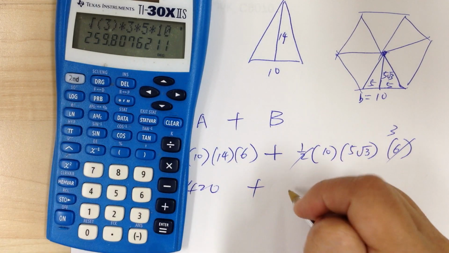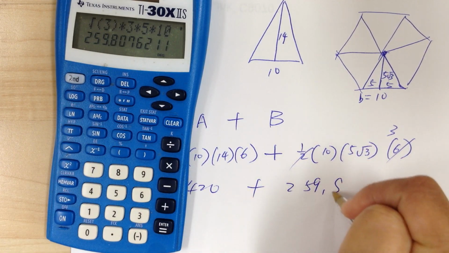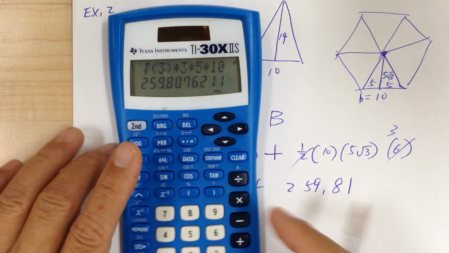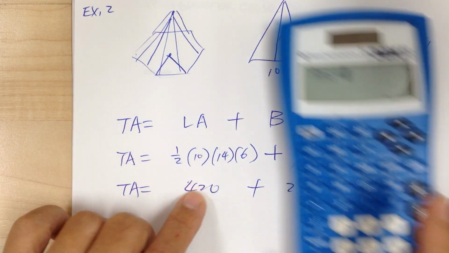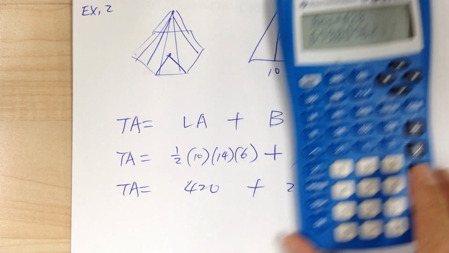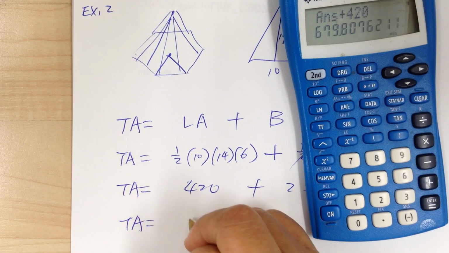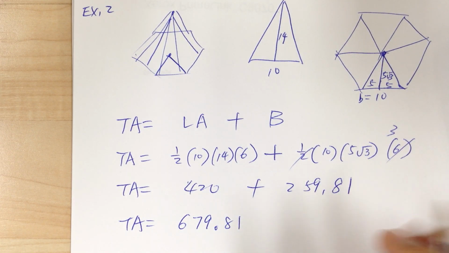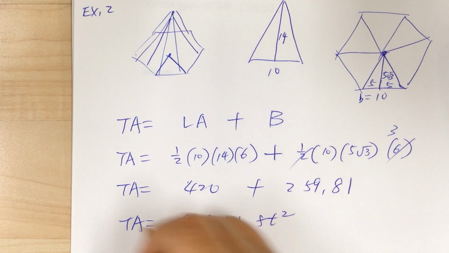I get 259.81. Now add 420. So the total area equals 679.81, and the label is feet squared.